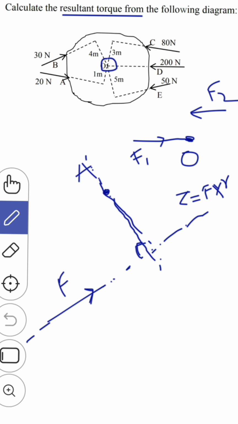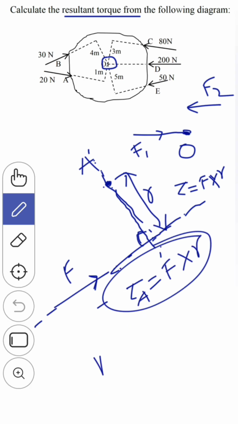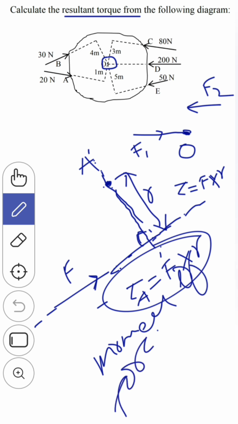The distance from this point to this point is called R, the perpendicular distance between the line of action of the force and the imaginary axis of rotation through point A. So the torque about point A by the force F will be written as force multiplied by R. This is called the moment of force, or simply the torque.